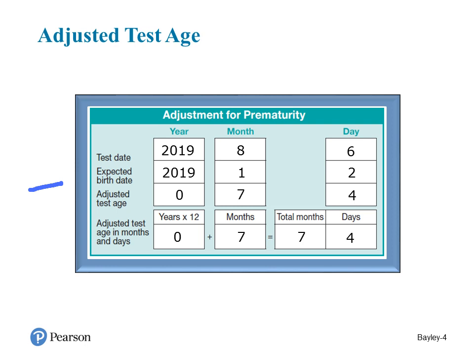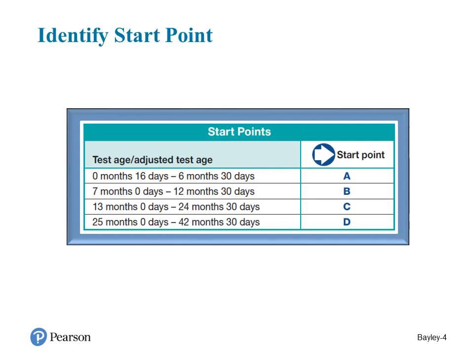But in terms of adjusting for prematurity, we still adjust up to 24 months of chronological age, and prematurity is effectively defined as 36 weeks or less in terms of gestation.